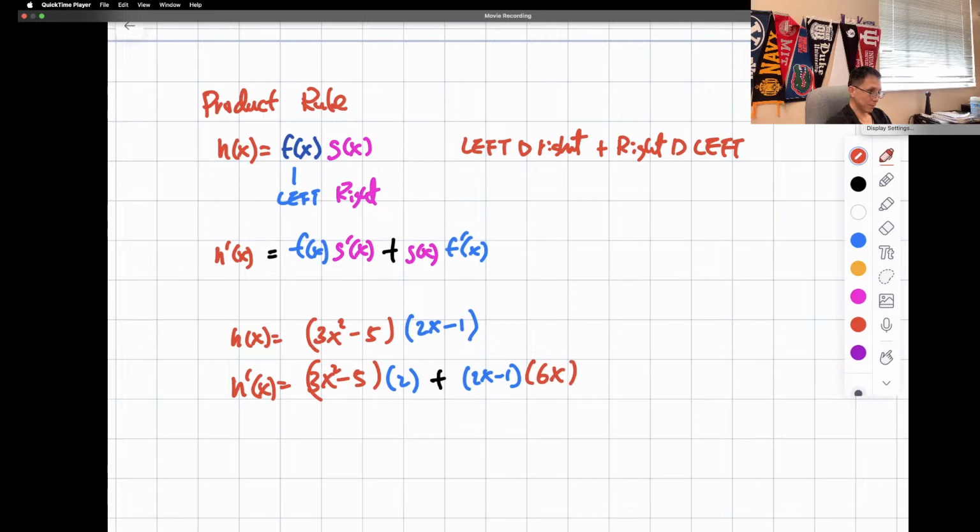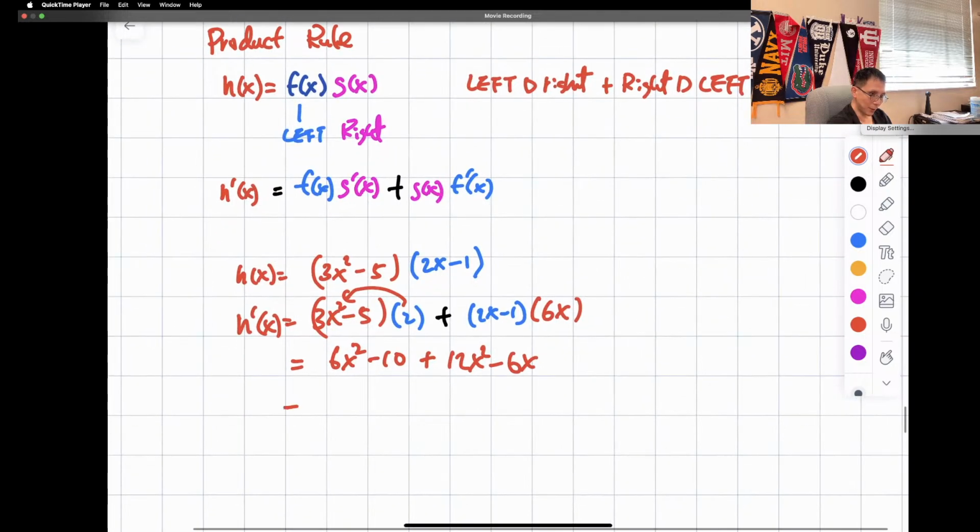And that's it. You can distribute this, so that's equal to 6x squared minus 10 plus 12x squared minus 6x. So you can combine, so it'll be 18x squared minus 6x minus 10. So that's the derivative of that.